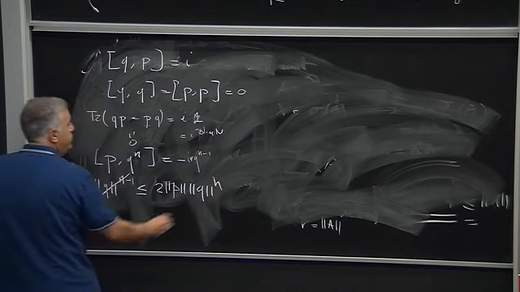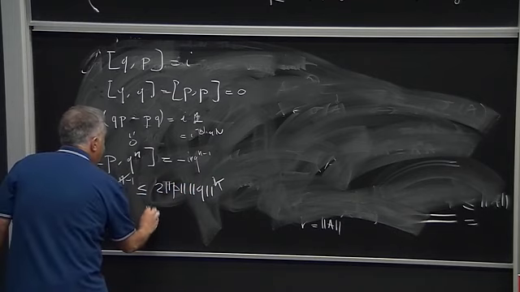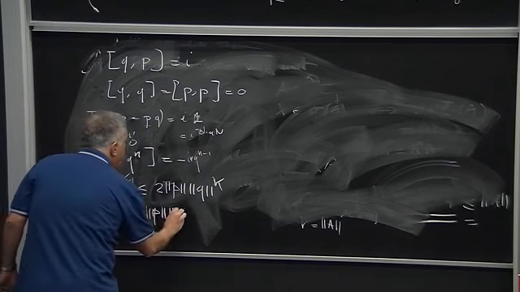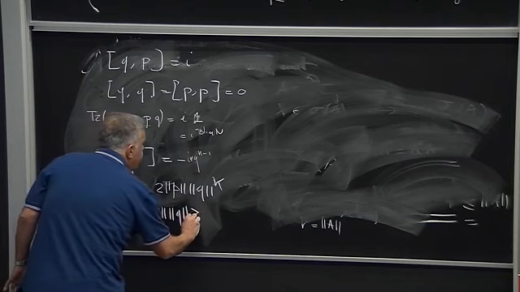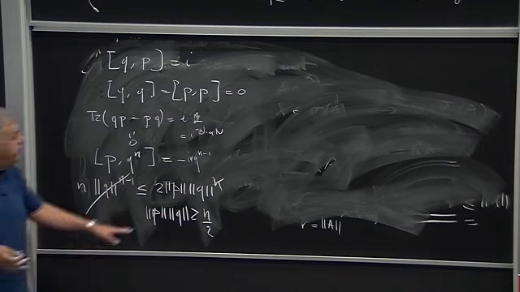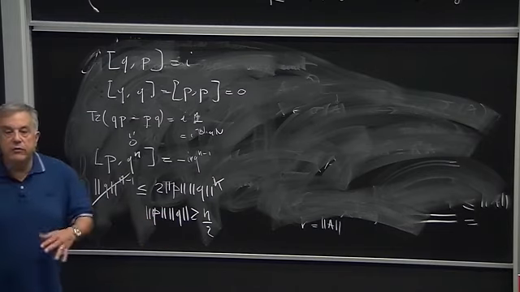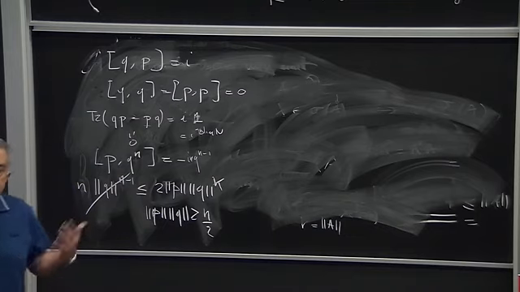So if you do this, you see that the norm of P times the norm of Q has to be greater or equal to n over 2 for any n. So they cannot both be bounded, these operators. So we are outside of the formalism. This is not a C-star algebra.